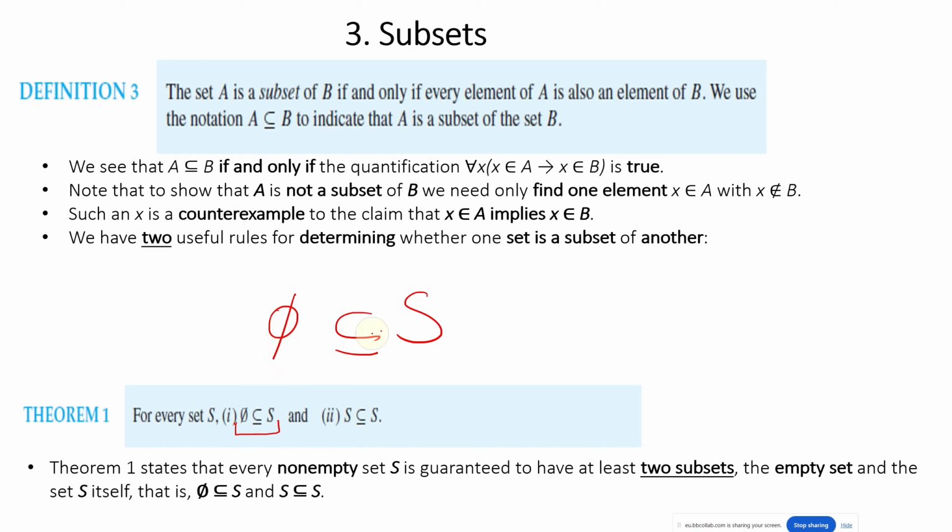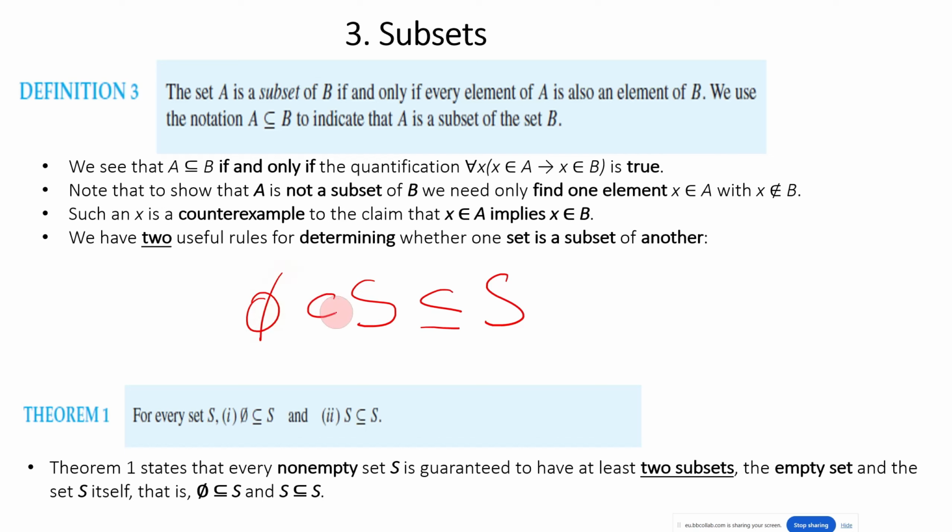Nothing is also part of all the different sets. So this is a rule, a theorem that you have to remember: as long as we have a set, that set can be a subset of itself, and also, the empty set is a subset of any set that you have.